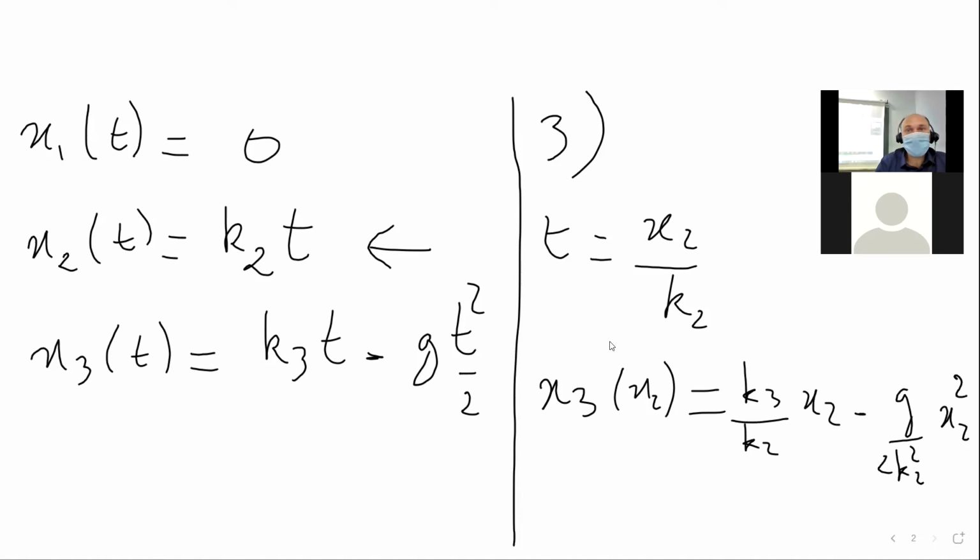And this is a well-known fact, all right? That when a particle is just ruled by gravitation, this gives a parabola.